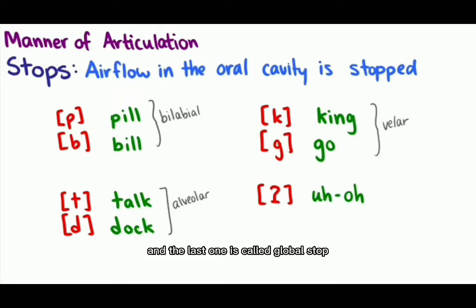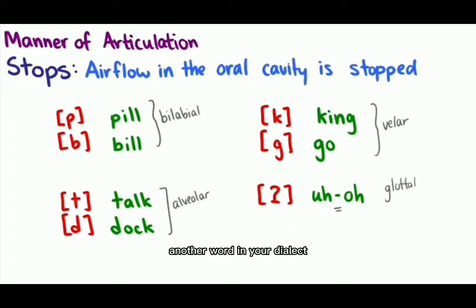And the last one is called the glottal stop, and this one is very hard to hear, but in a word like "uh-oh", it's in between the "uh" and the "oh". It kind of sounds like nothing.